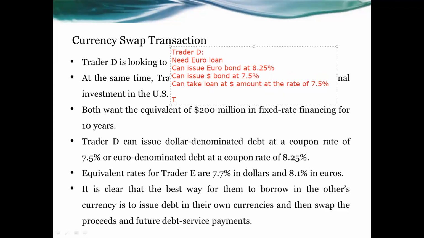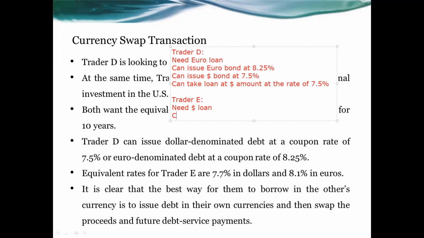Okay. Now look at the other way around. Trader E. What does trader E require? He needs a dollar amount of loan, a dollar denominated loan.